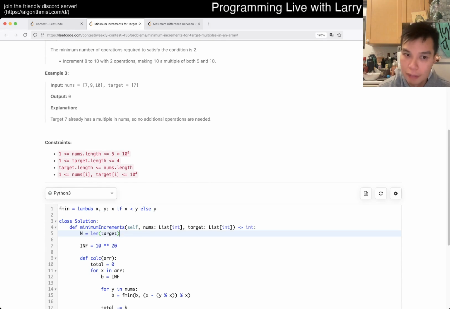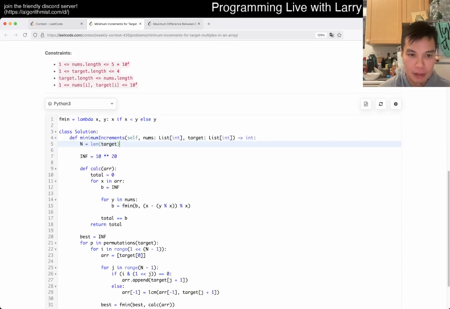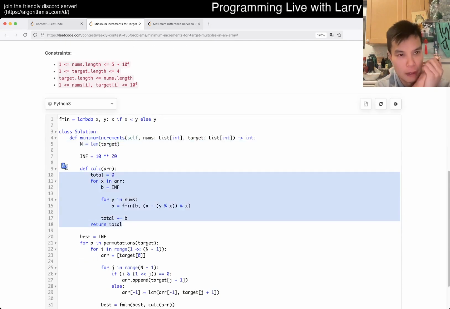Okay, let's think. Maybe I just need to fix this part, but I don't know that. Okay, so let's say we take advantage of the fact that it only goes to 10 to the 4. Oh, it's only up to 10,000. That means the answer will always be fine in 40,000, right?